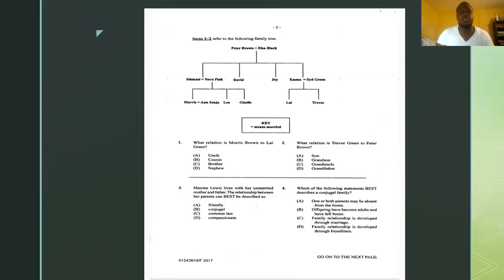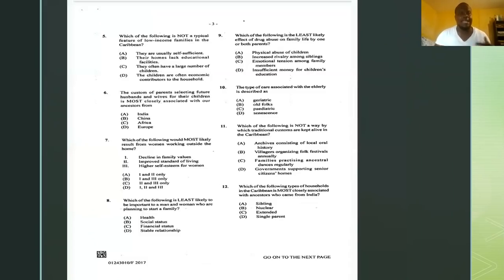So you're going good so far if you and I have the same answers. Number 5 now says, which of the following is not a typical feature of low-income families in the Caribbean? Is it A, they are usually self-sufficient, B, their homes lack educational facilities, C, they often have a large number of children, or D, the children are often contributors to the household?